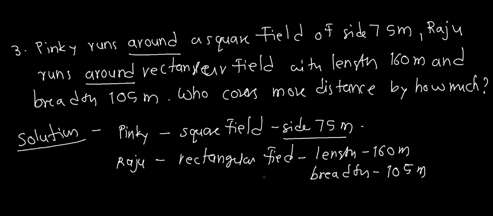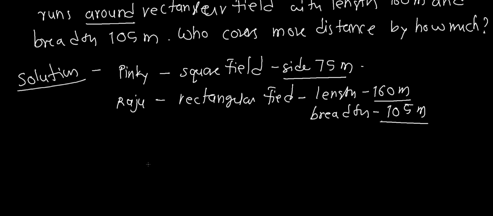And in a rectangle, two sides are equal. So four sides are there, two lengths and two breadths. So they have given us the dimensions, the lengths of all sides.